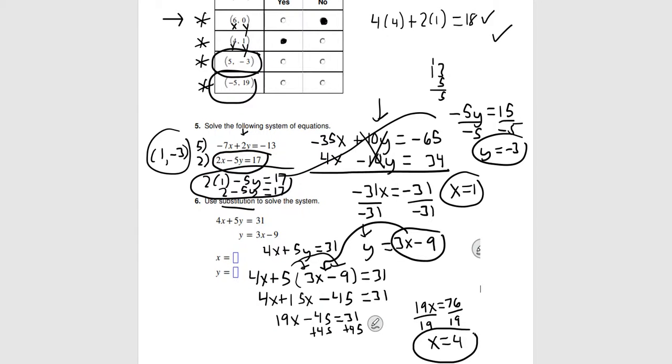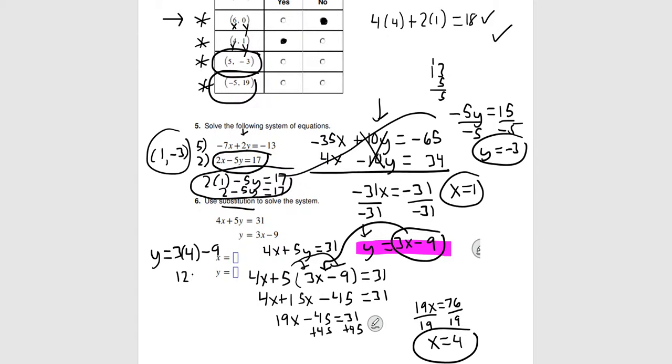And once we know what the x is, we can go back and figure out what the y is, because the y is equal to 3 times whatever the x is minus 9. So we take the y equals 3 times instead of the x. We can now plug in 4.